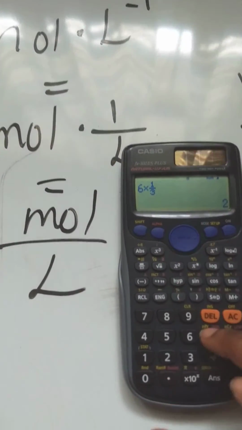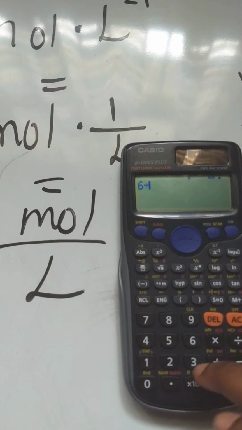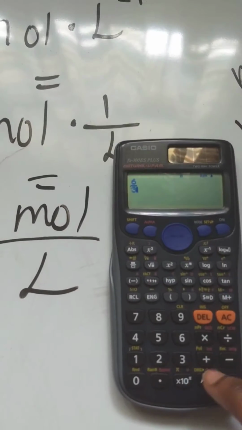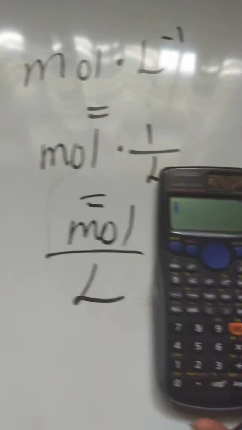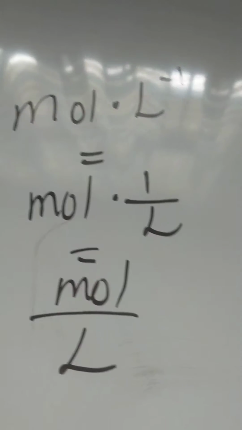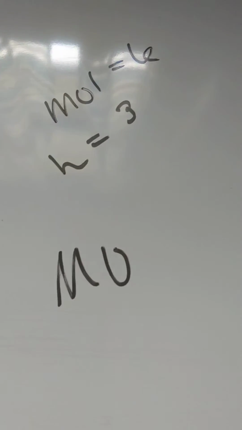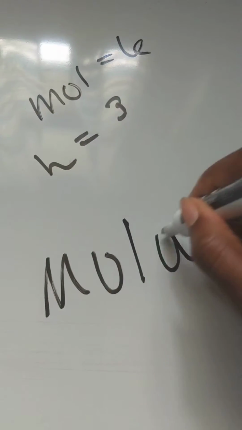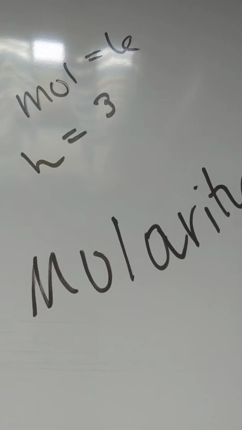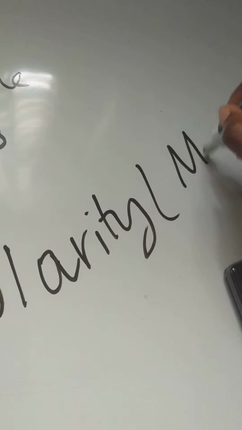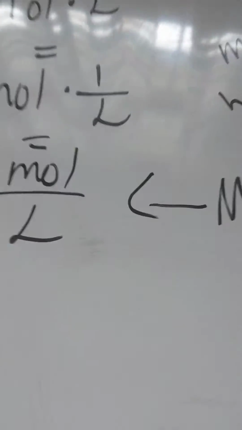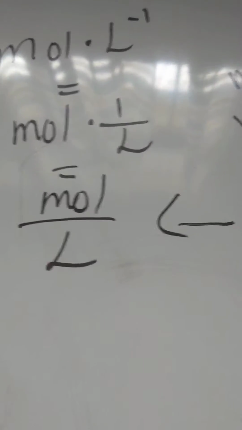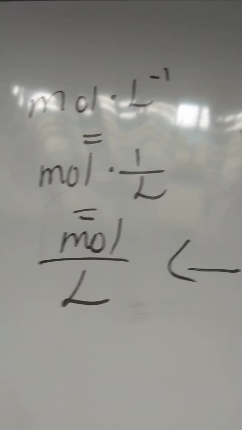And moles over 3 gives you 2. This is mathematical proof that these three formulas equal the same thing, which is molarity, which is basically just the relationship of moles divided by liters.